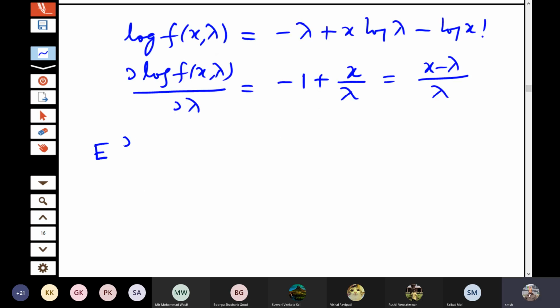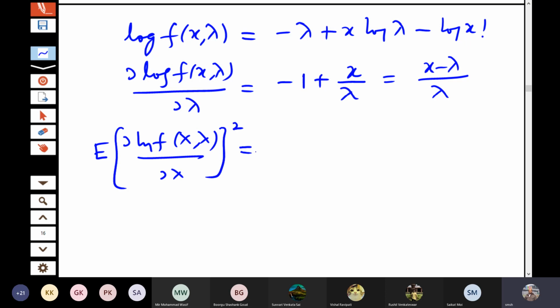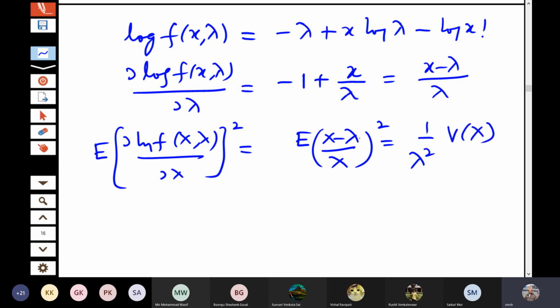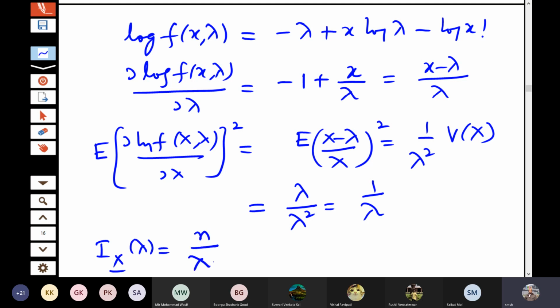So expectation of del log f(x, lambda) by del lambda whole square is equal to expectation of x minus lambda by lambda whole square. That is 1 by lambda square variance of x, because expectation of x is equal to lambda. So expectation of x minus lambda square becomes variance of x. In Poisson distribution, you remember the variance is also lambda, so it is 1 by lambda. So I(lambda), that is n times this, so it becomes n by lambda.